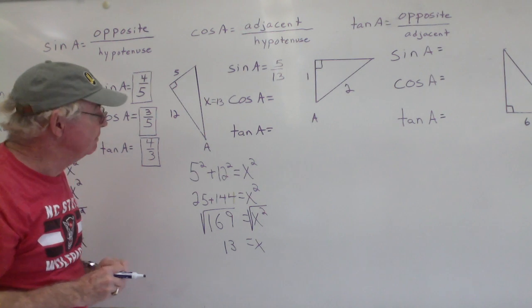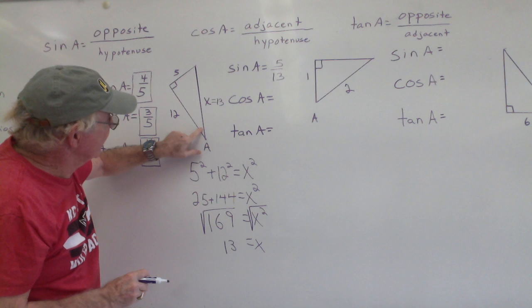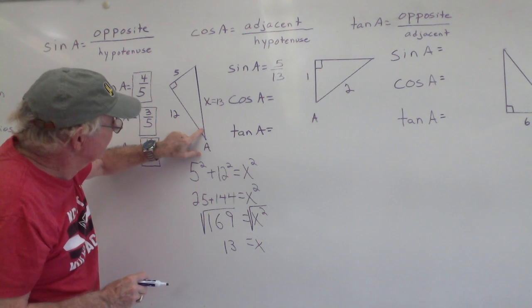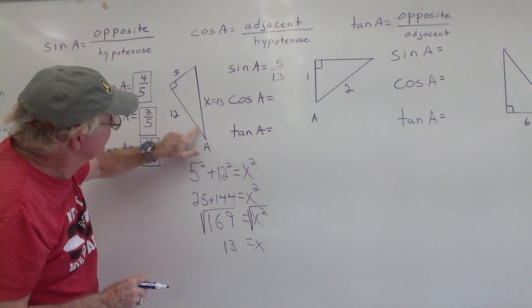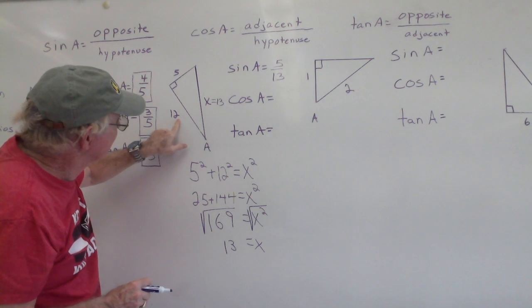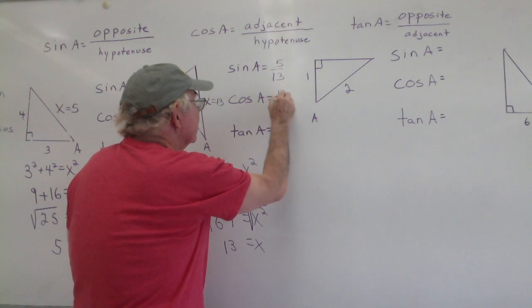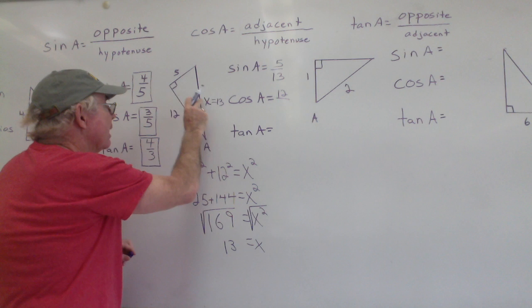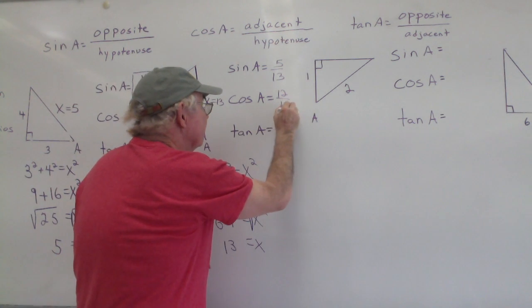The cosine is the adjacent side to A over the hypotenuse. Well, there's A. Remember, this is the hypotenuse, so this has to be the adjacent. So it's 12 divided by the hypotenuse across from the right angle of 13.